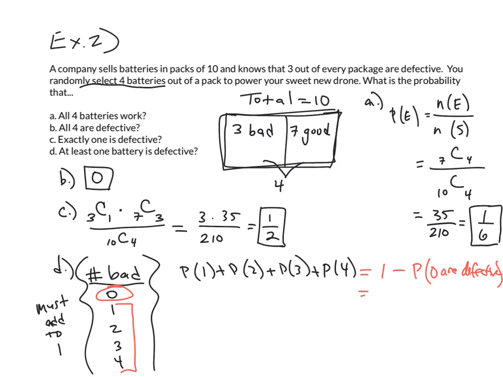Another way to say that none are defective is to say that all of them are good. This is the same as 1 minus the probability that they are all good. The probability that they are all good is what we figured out in part A. So we can just say 1 minus 1/6, which is 5/6.